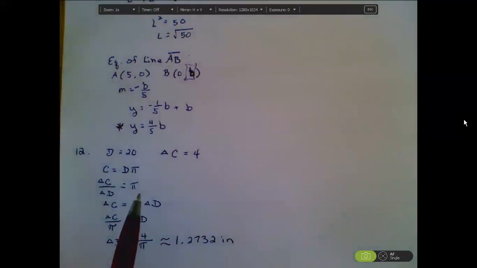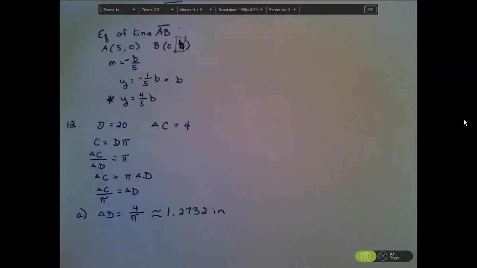If the circumference changed 4 inches, the diameter changed about 1 1/4 inches, and that's all we were supposed to find in the A part. Ms. McKenzie, you got that part right, correct? Yes.